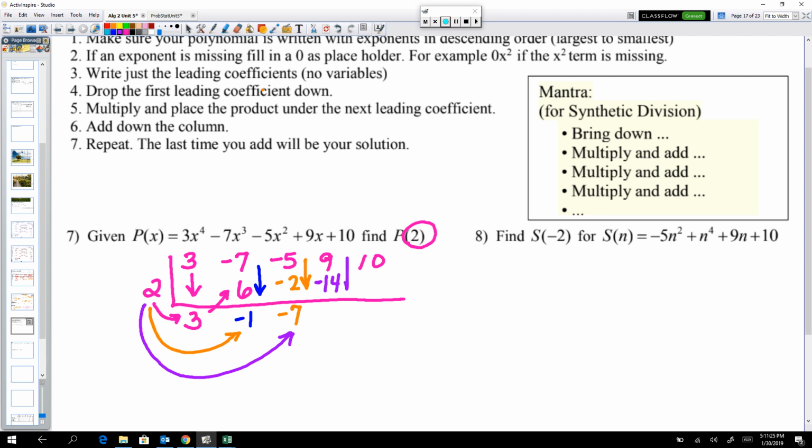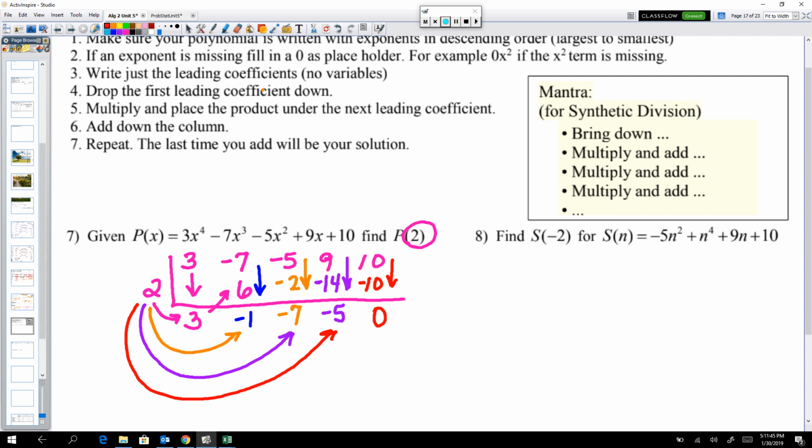Now add down. 9 plus negative 14 is negative 5. And then my last little multiply up. 2 times negative 5 goes up here as negative 10. Add down and I get 0.